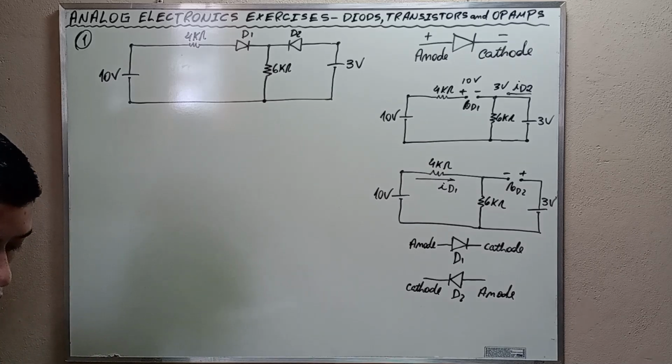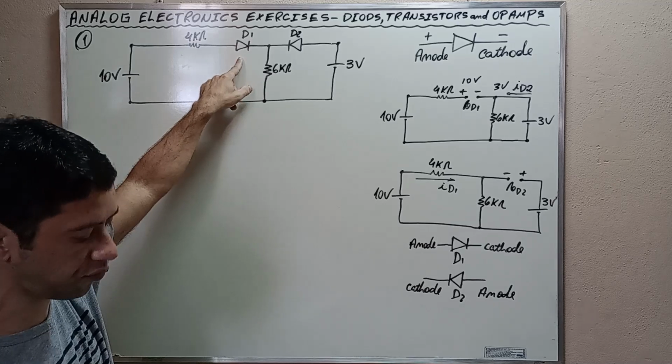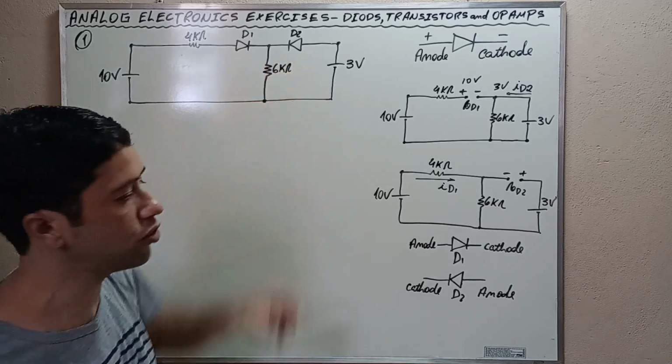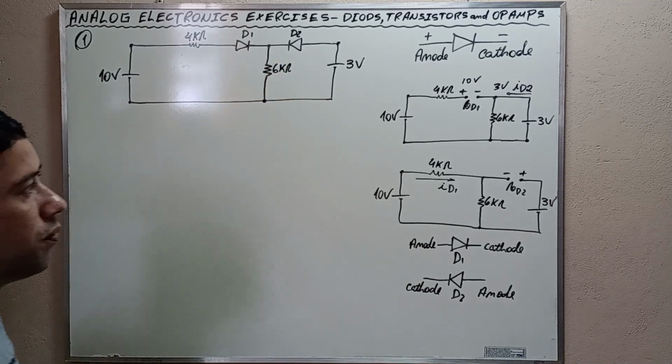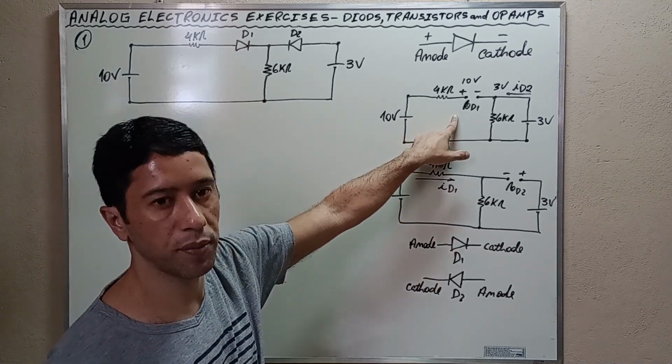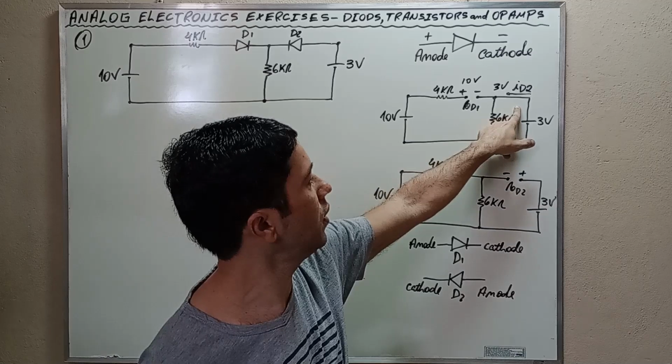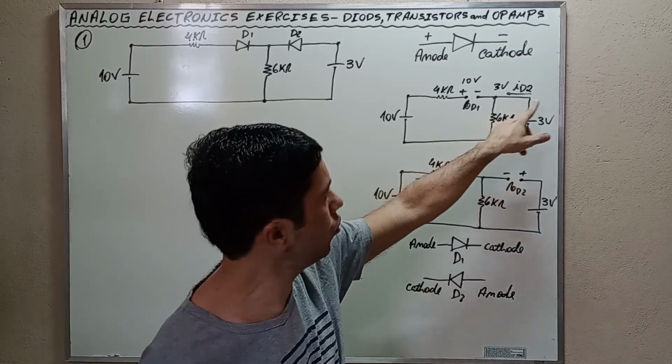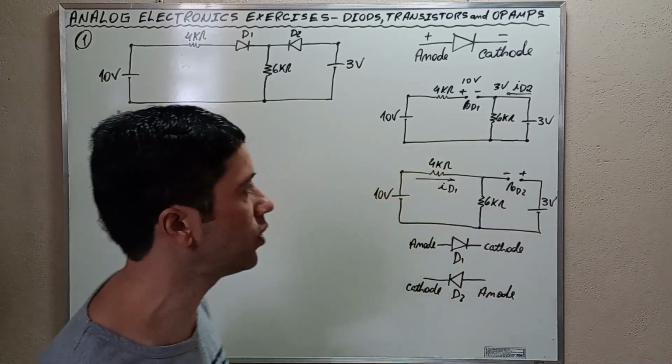Let's start by assuming that D1 is off and D2 is on. It means that the branch of D1 is going to be open, and in the branch of D2 there will be current, okay?